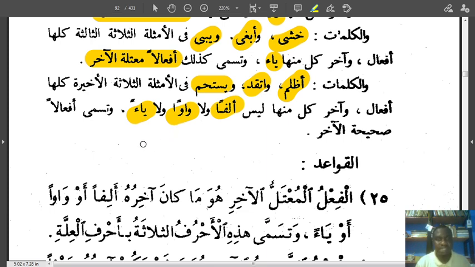They don't have these letters at the end. وتسمى أفعالا صحيحة الآخر, they are called أفعال صحيحة الآخر because their ending is neither waw, alif or yai.